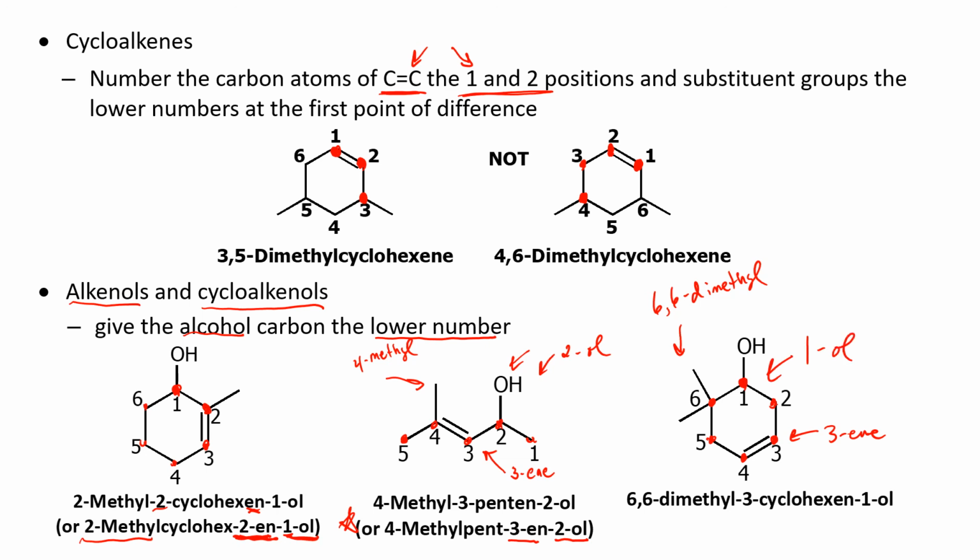And it's a cyclohexene. So we have our 6,6-dimethyl-3-cyclohexen-1-ol, or you could have said 6,6-dimethylcyclohex-3-en-1-ol.